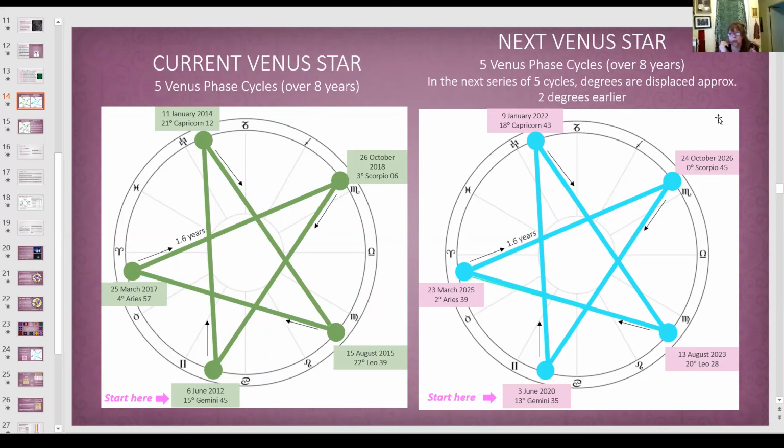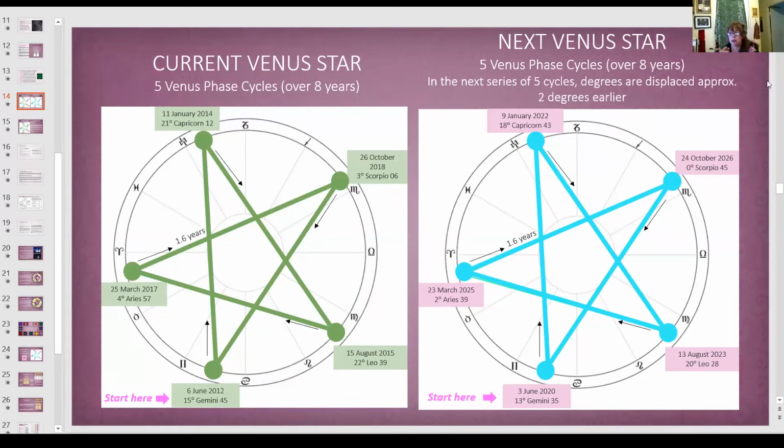I know, I just don't understand the difference, that's all. I know it's a little complicated. Oh, it's not really that complicated. Tashi, do you want to rephrase your question and let's try and work it out? Okay, so this is an 8-year picture, right? The 5 Venus phase cycles. Yes.